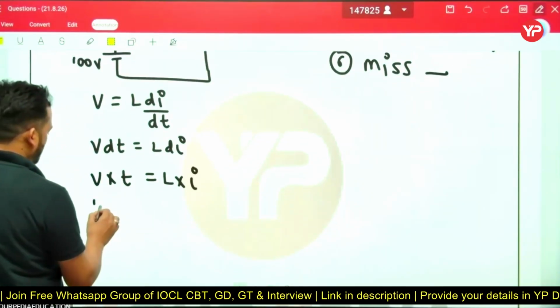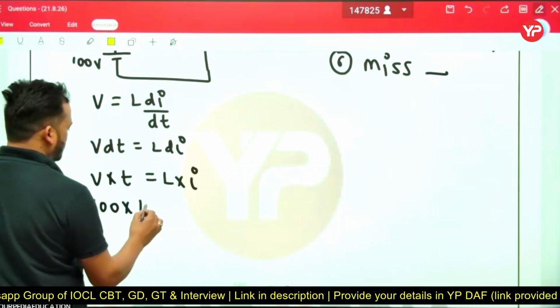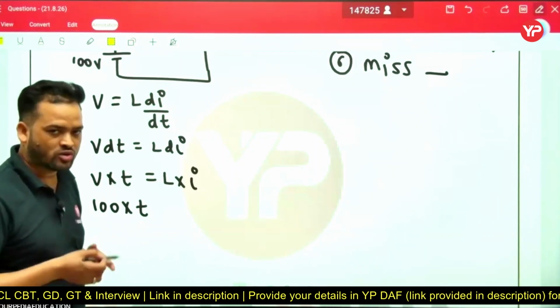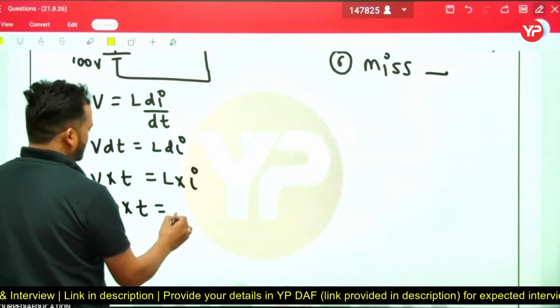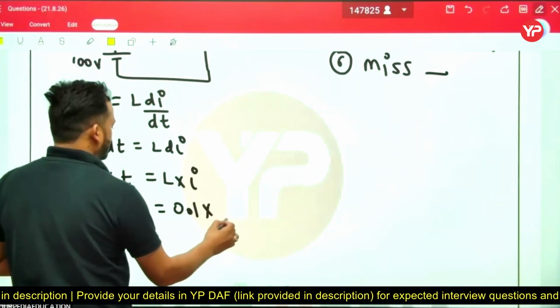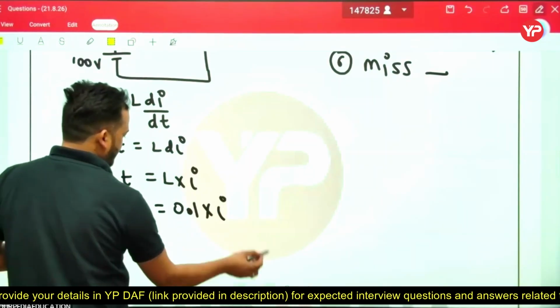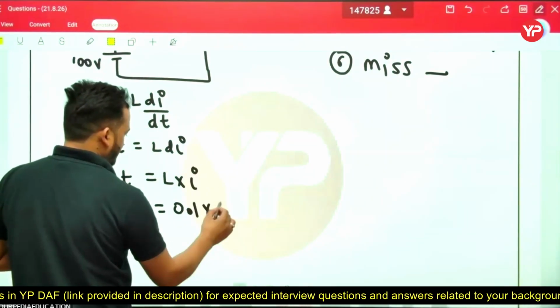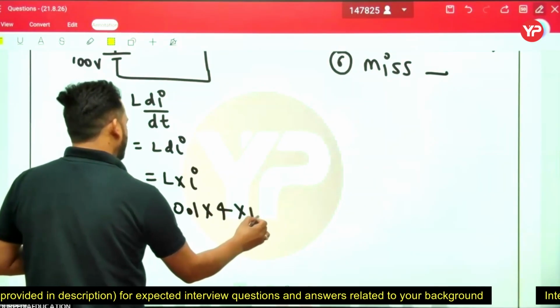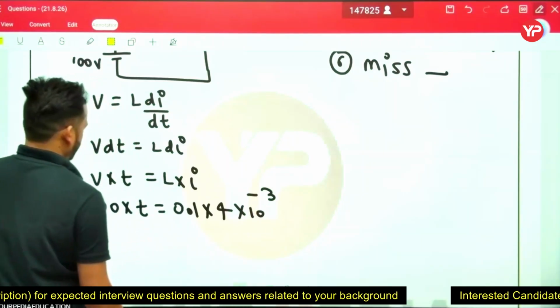Now V equal to 100 volt is given. T is unknown, which is the pulse width required to turn on the SCR. L is 0.1, I is 4 milliampere, and 4 milli means 10 to the power minus 3.